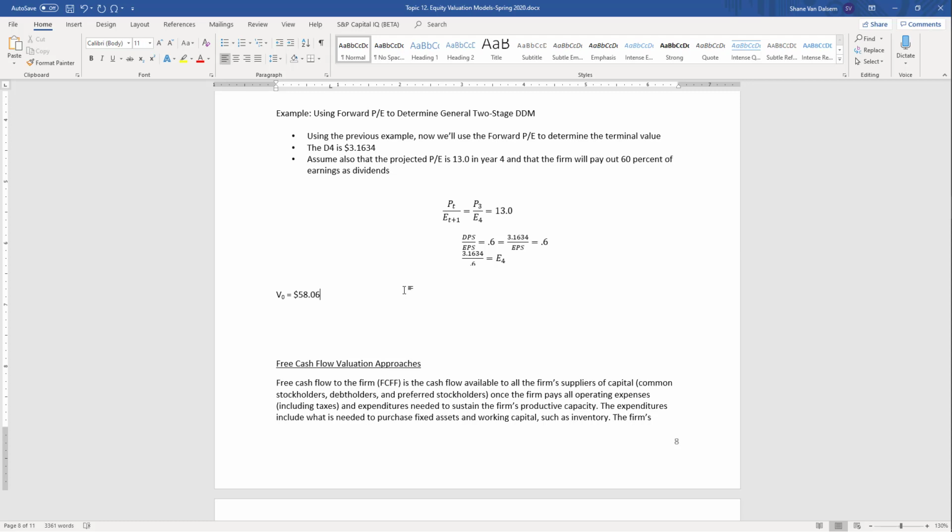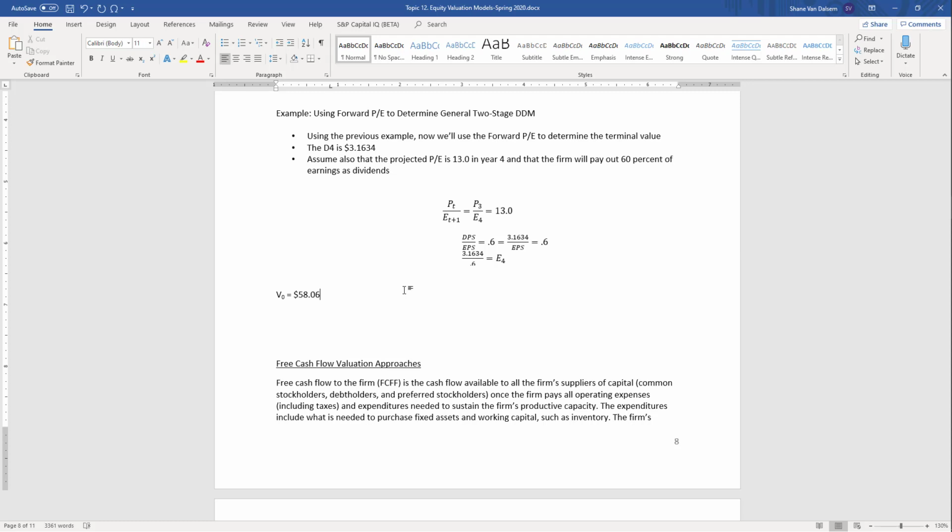If the price to earnings ratio for a firm has been fairly stable over time, so it's predictable, this can be a good alternative or another way to try to determine the value of a firm because it's just a little more stable. If the price to earnings ratio is all over the place all the time, probably not a good method to use. But I have used it in the past because it does offer a little more stable value than the constant growth model.